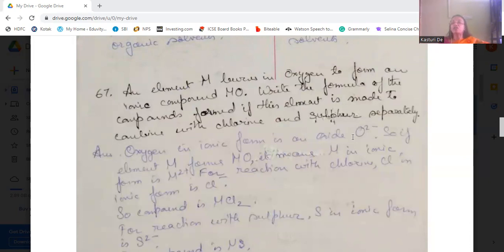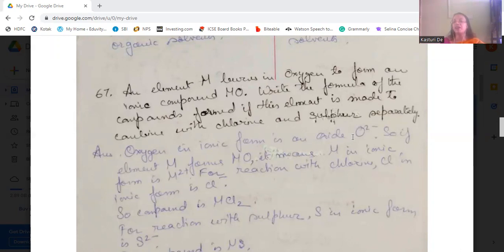For reaction with chlorine, chlorine in ionic form will be Cl minus. So therefore, one M atom requires 2 chlorine atoms to form the compound, transferring electrons from M to chlorine.